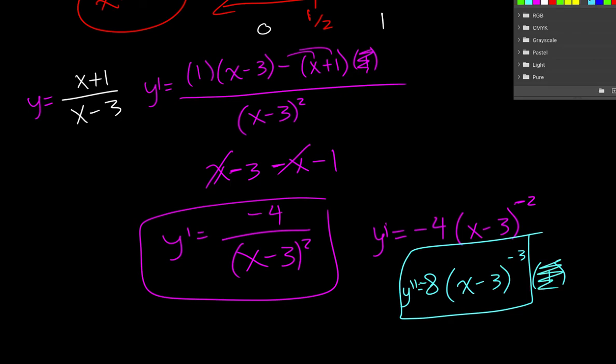Okay, now that we have the second derivative, we set this equal to 0. What we need to look at first is I'm going to rewrite that as 8 over x minus 3 quantity cubed.